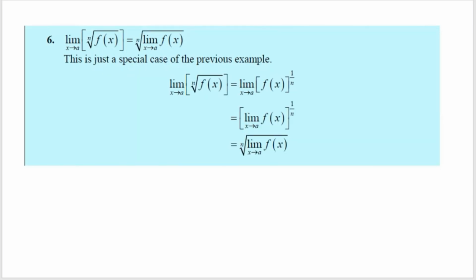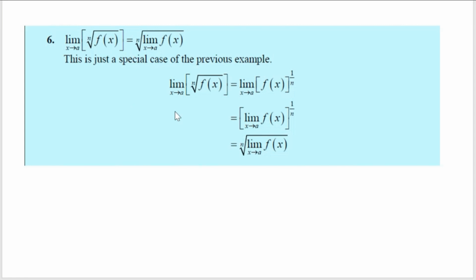So number 6, the limit of the nth root of f of x as x approaches a equals the nth root of the limit of f of x as x approaches a. On the right hand side, we just put the limit inside. That's the only difference between the two sides. This is a special case of the previous example.